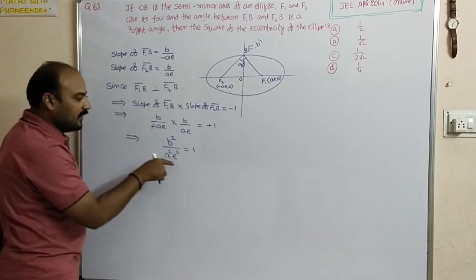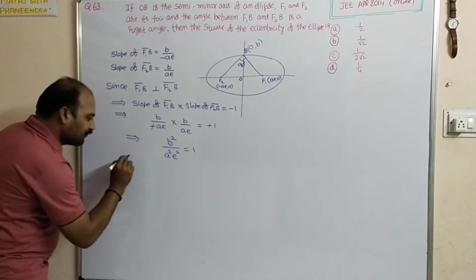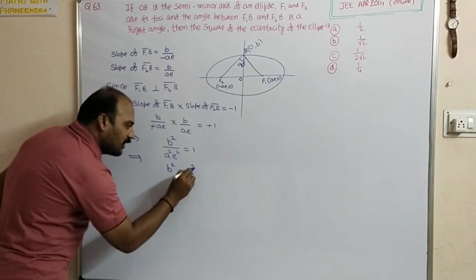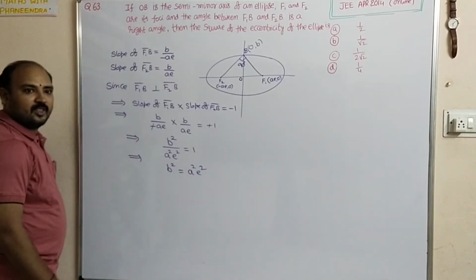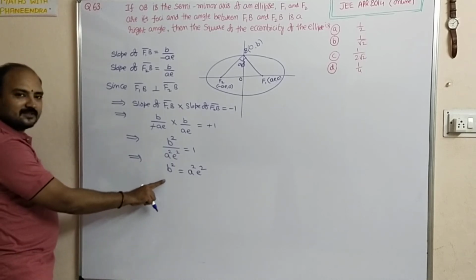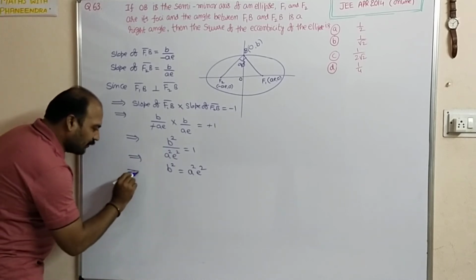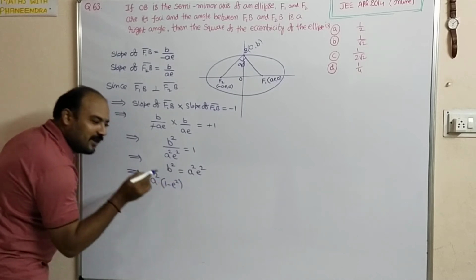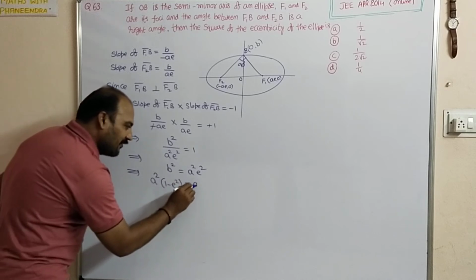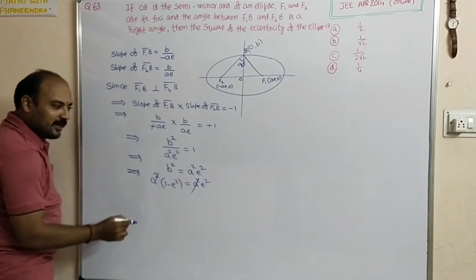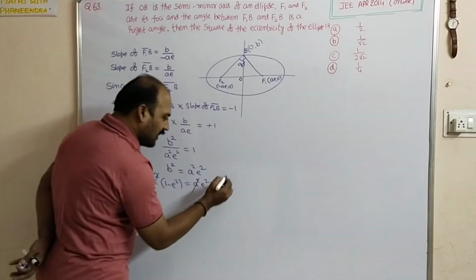But I want only E square. See, B square equal to A square E square. From this, B square equal to A square into 1 minus E square. We already know this formula, we got it a number of times. So A square gets cancelled.